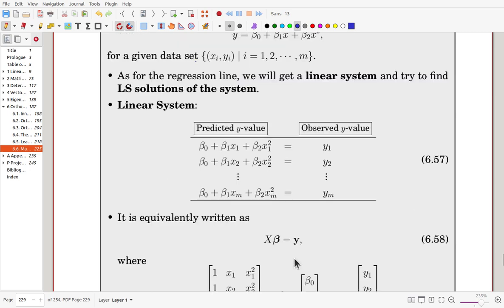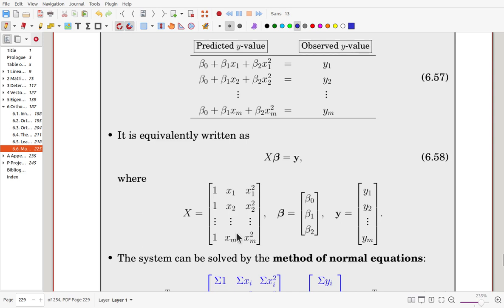Here, X has 3 columns, and the first column is all 1, the coefficients of beta 0. The coefficients of beta 1 are the collection of the x coordinates, and then we have a collection of x squared. For y, that is the collection of the observed y values.